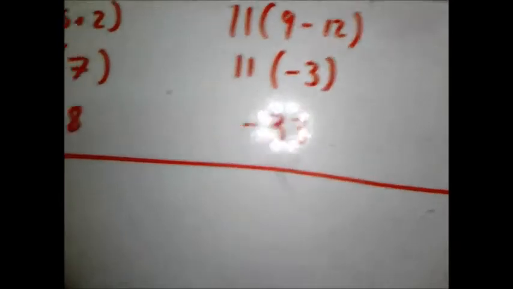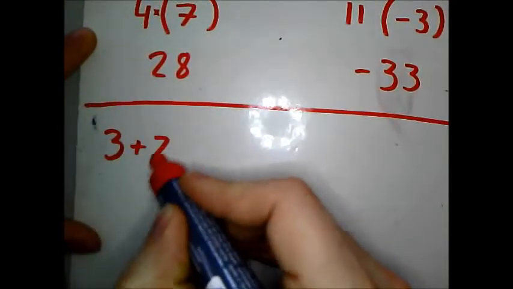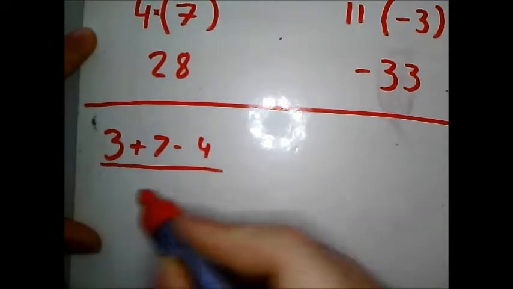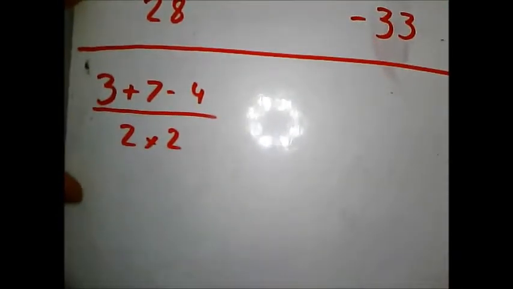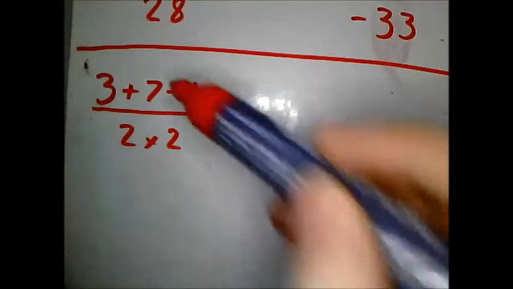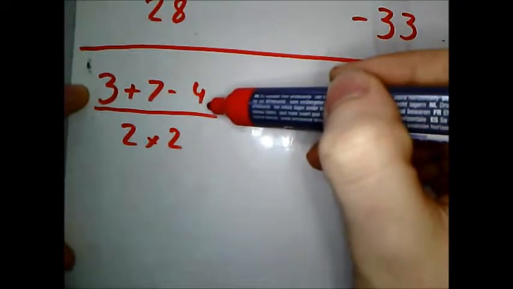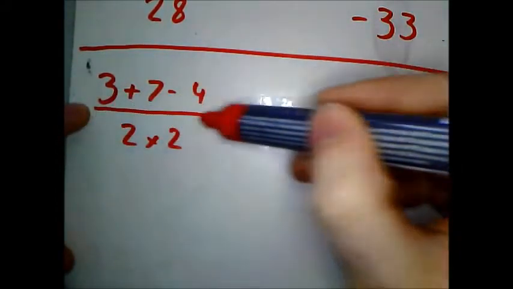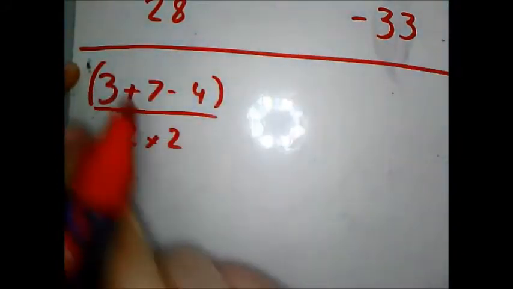Okay, the next question, 3 plus 7 take away 4, all over 2 times 2. Now, here we need to be a little bit careful in that because this sum at the top of my fraction is all being divided by something else, there are invisible brackets here. So I must do the sum on the top first.